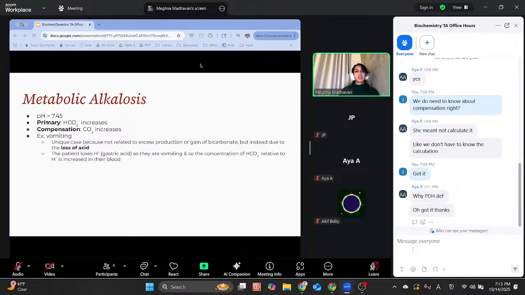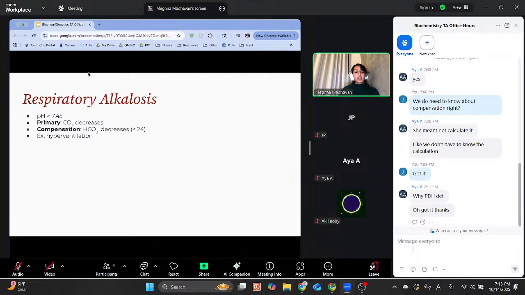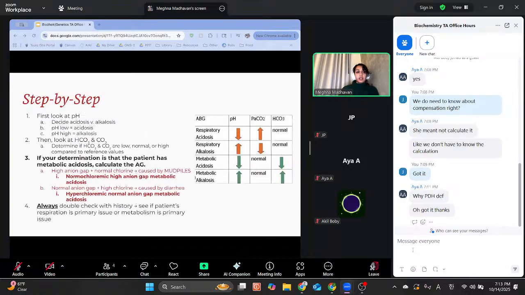Metabolic alkalosis is vomiting, so you're literally losing acid, your gastric acid, as you're throwing up. Pretty self-explanatory. And respiratory alkalosis is hyperventilation, because they have an increased respiratory rate, which means increased gas exchange, and therefore they're exhaling carbon dioxide really quickly.